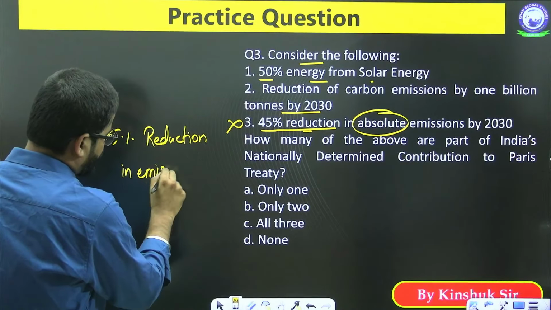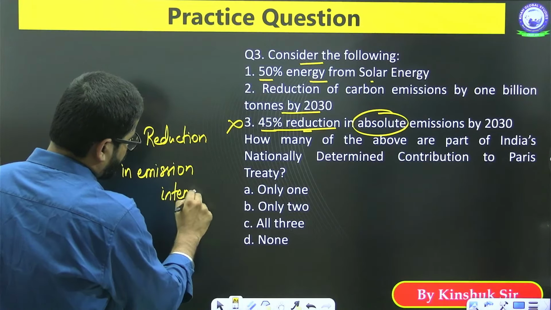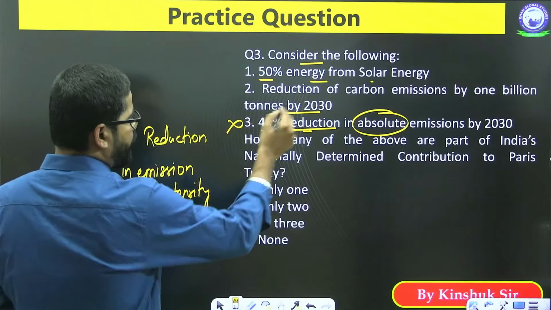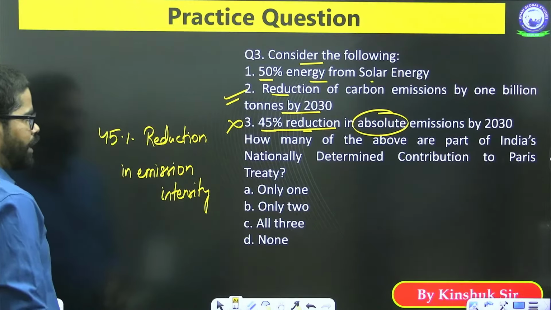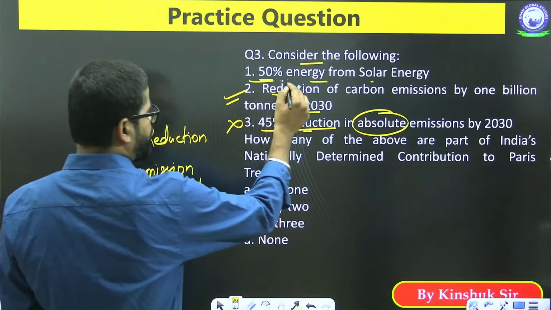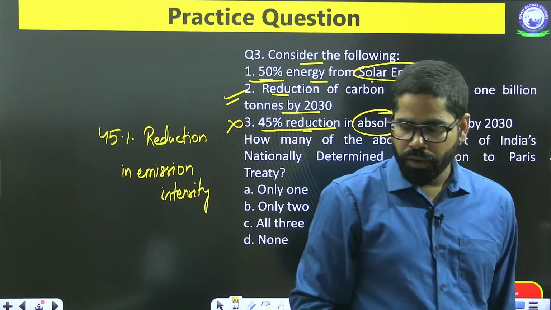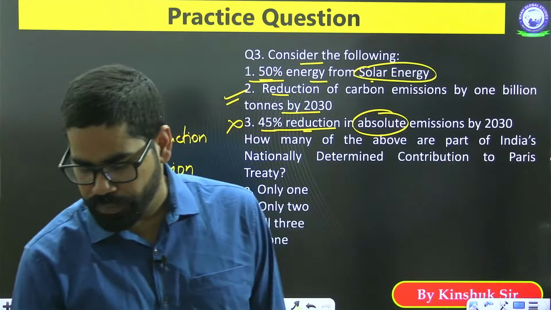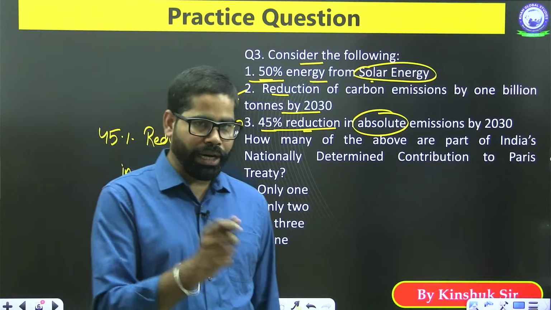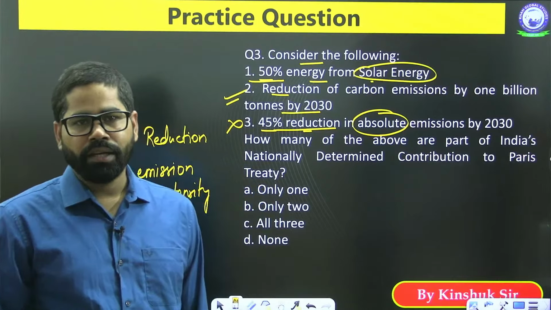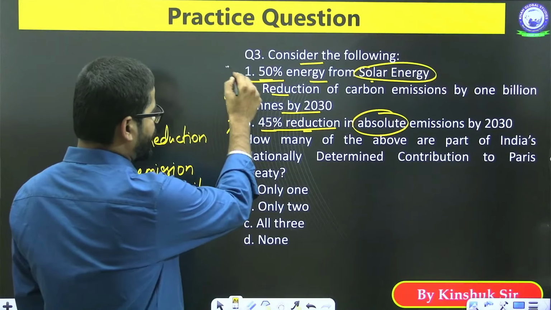So the third option is incorrect. Reduction of carbon emission by 1 billion ton by 2030 is correct. And 50% energy is not from solar energy, it is from renewable energy. So the first option is incorrect.